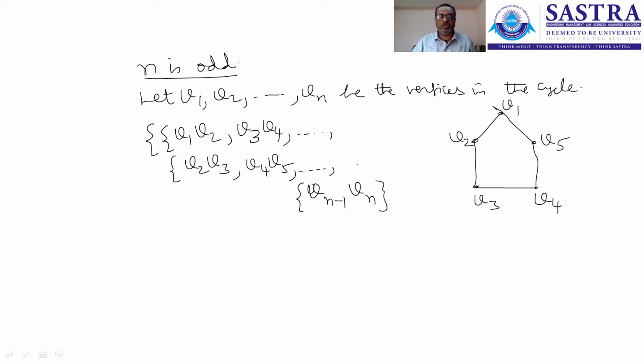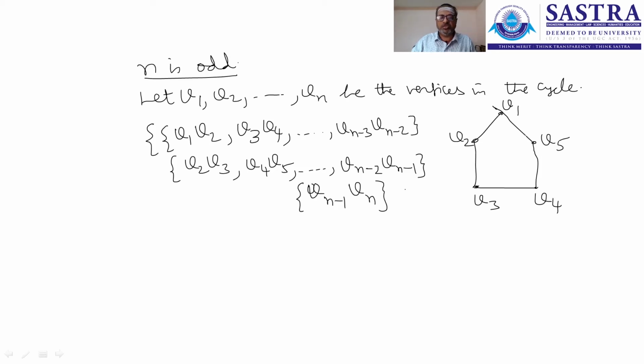And here I will have Vn minus 2 Vn minus 1, and here Vn minus 3 Vn minus 2.